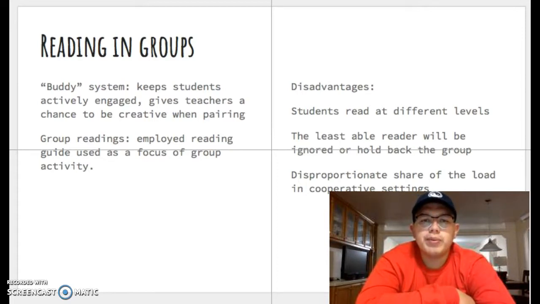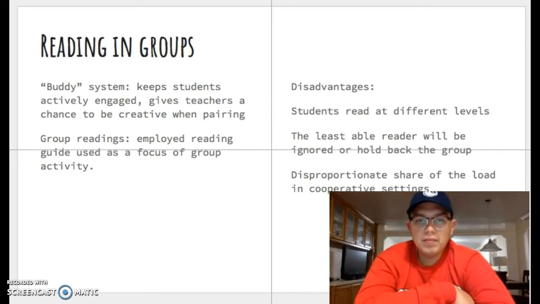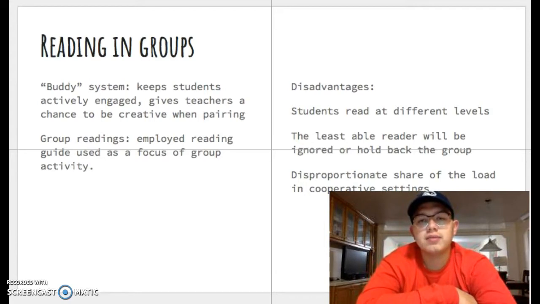And in group readings, there's usually an employed reading guide, which is used as a focus of the group activity. But with that, there are several disadvantages, and those include some students reading at different levels, and the least able reader will be ignored, or he or she will hold back the group.